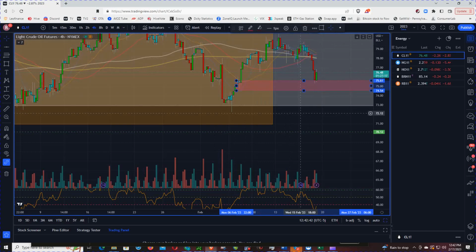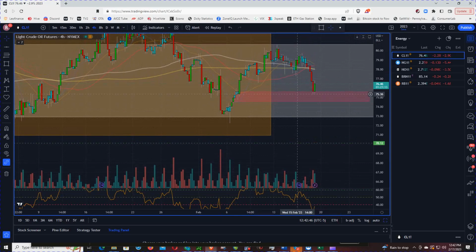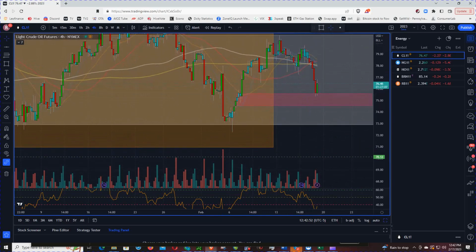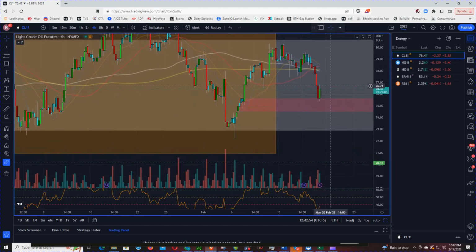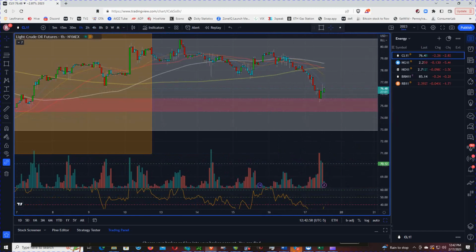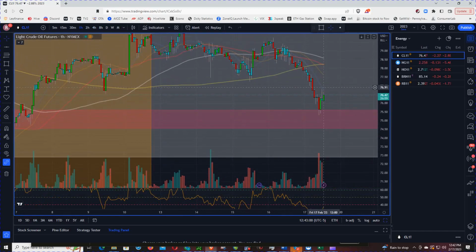Now today is Friday. It is going on 1 o'clock. If this was much earlier in the day, potentially I would look to place a long trade. Let's just go down to the hourly chart to see how it looked. Price on the hourly chart is reacting to this 8 simple moving average.